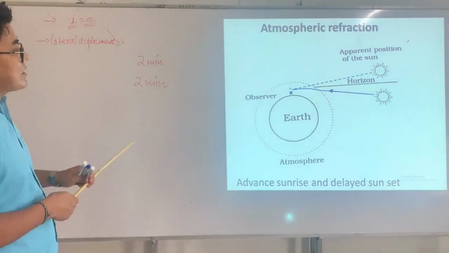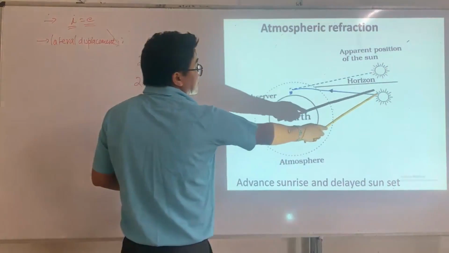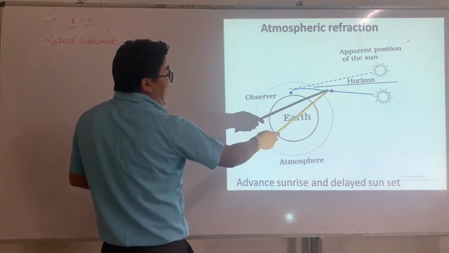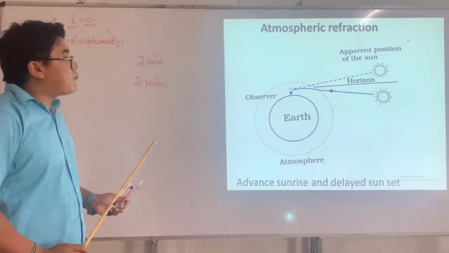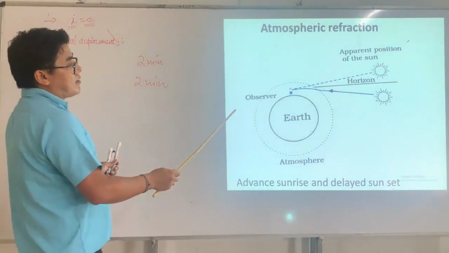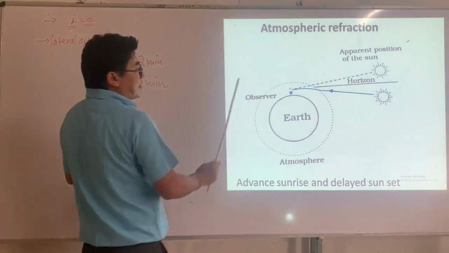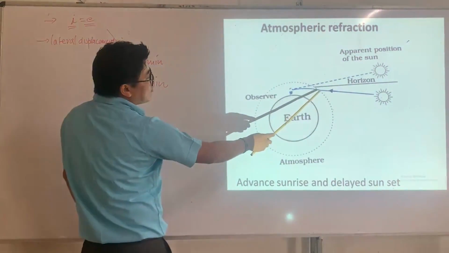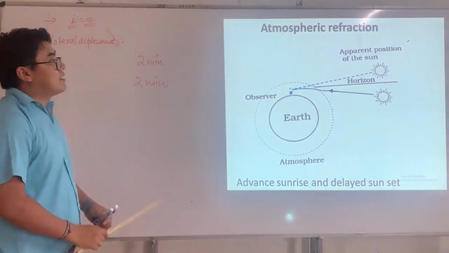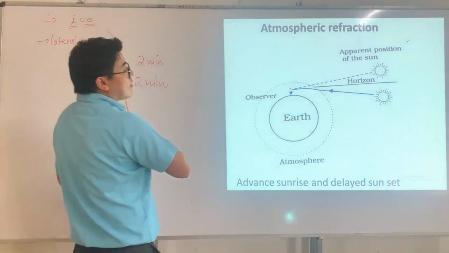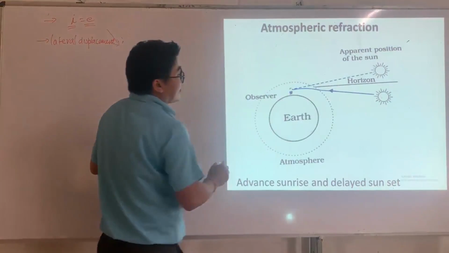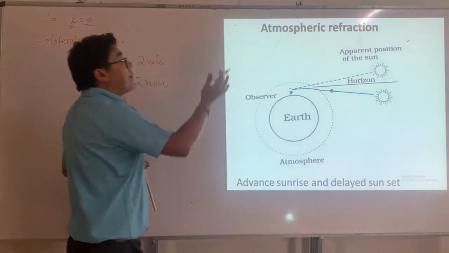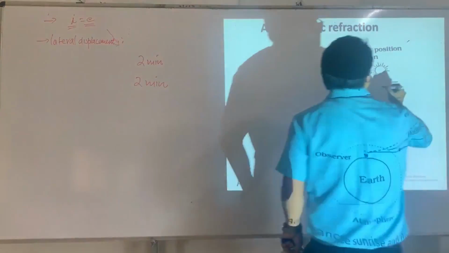Again, we can explain this. When light comes from the sun and enters the atmosphere, the atmospheric density varies. It becomes denser and denser, and then you see a curve. And when you actually see, you are here, and you feel that light comes from the sun, the apparent sun.